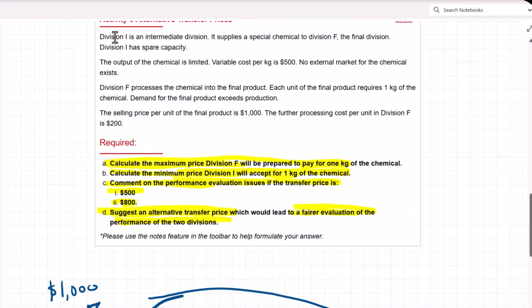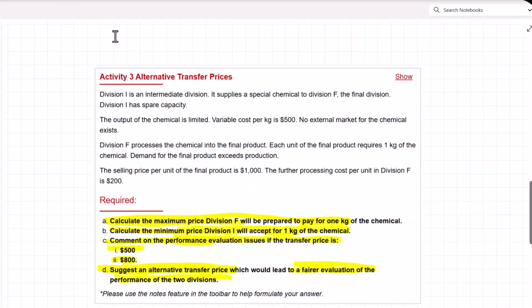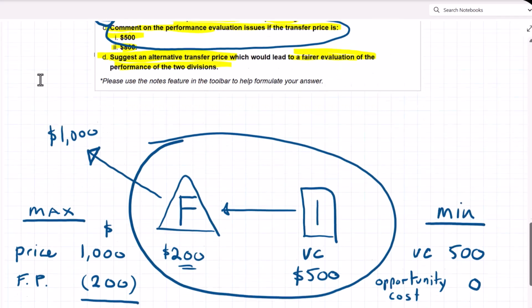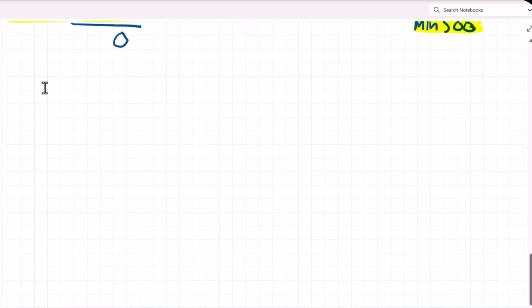So ladies and gentlemen, we've just done part A and part B. We've calculated the maximum that F would accept and the minimum that I would accept for selling. Now, let's comment on the performance evaluation issues if the transfer prices were set at $500 and $800. Oh, funny that. Look, the minimum and the maximum. So let's just sketch that again.